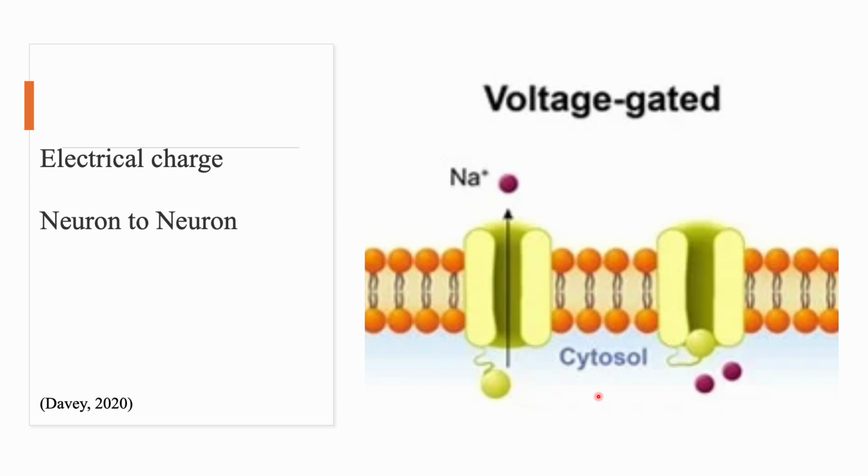For example, the voltage-gated ion channels. As we discussed earlier, neurons can produce electrical activity through voltage potentials by the unequal distribution and movement of ions, which are electrically charged atoms, across the neuron cell membrane.